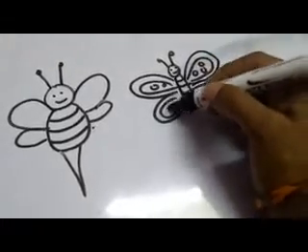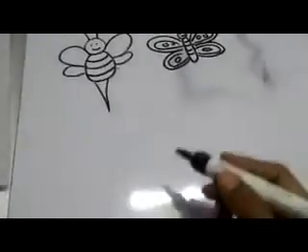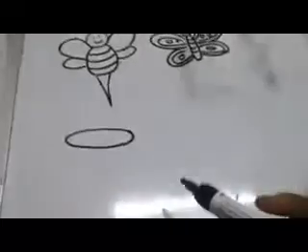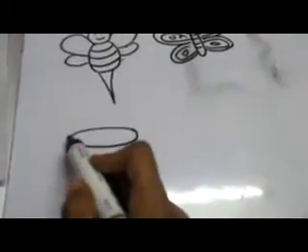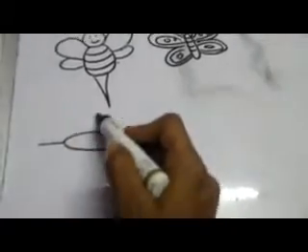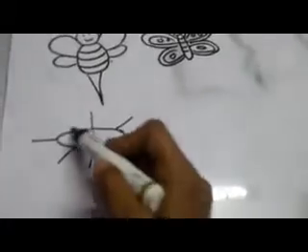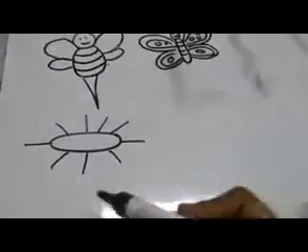Okay, like this. Now for the flowers, you make an oval. It's an easy one to make. Just make an oval like this and draw like the sun. How we draw the lines for the sun, you just make a few lines like this. Okay? And just join with a few curved lines.